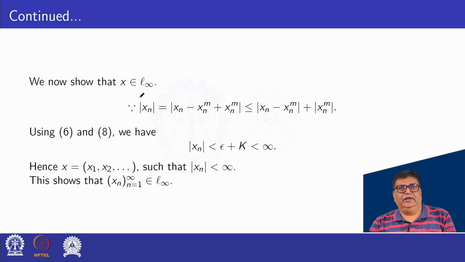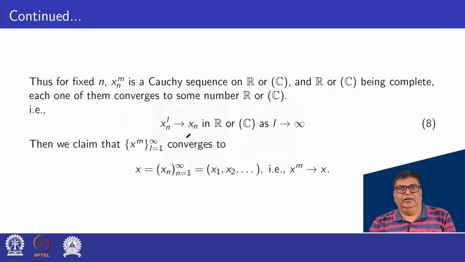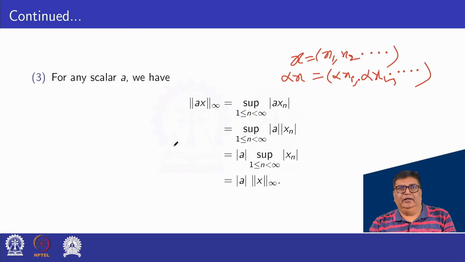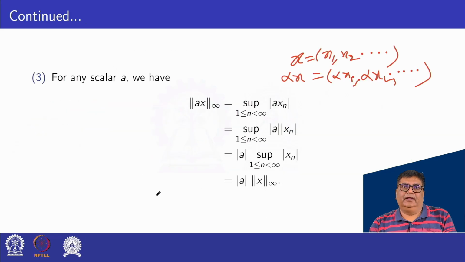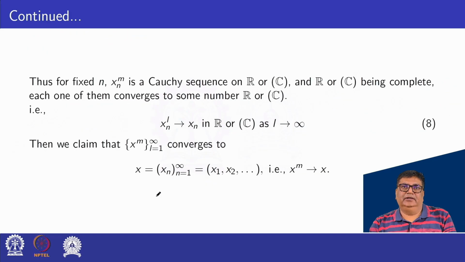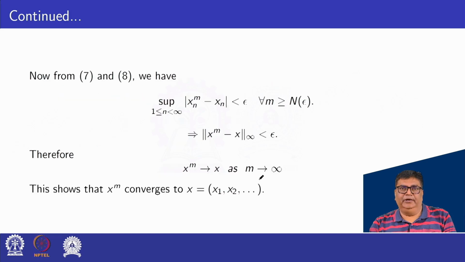Now we show that x belongs to L infinity. In the statement written here, if x is this one, then mod x_n is less than infinity. So we see that the sequence converges to the point x, where x is x_1, x_2 and so on up to infinity.